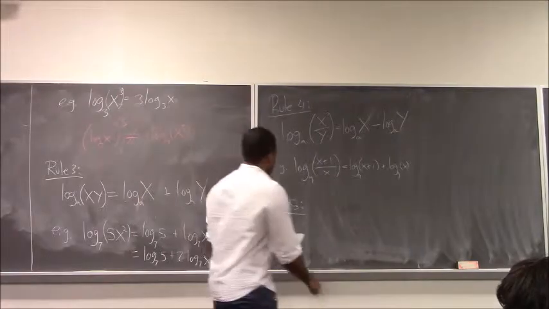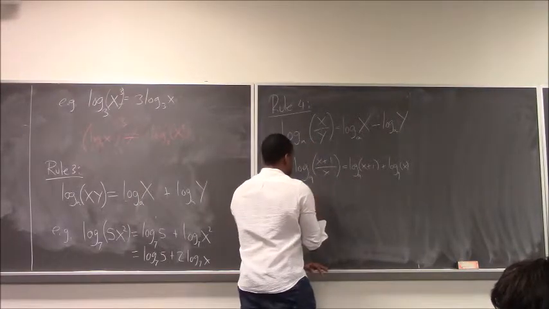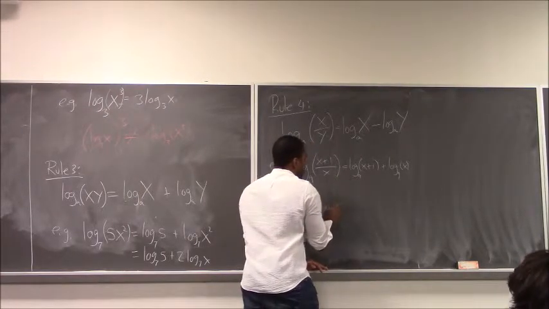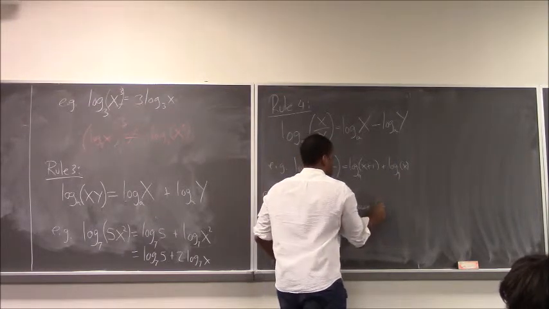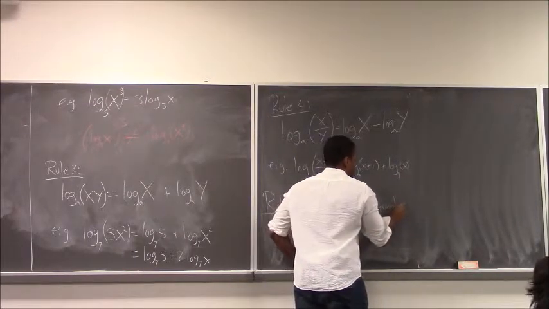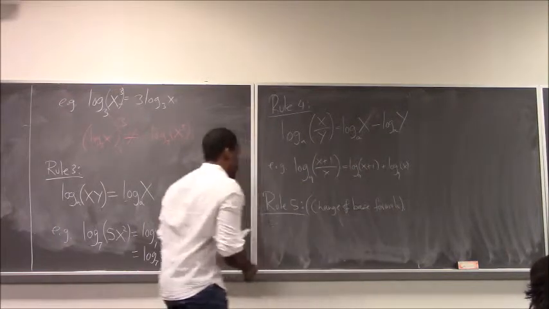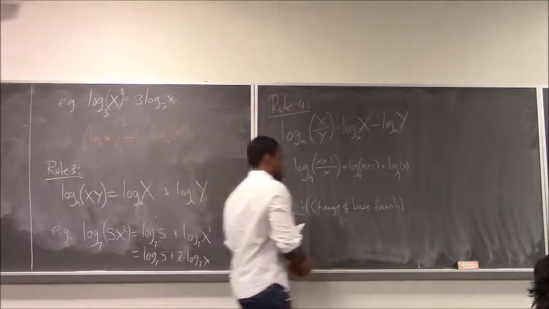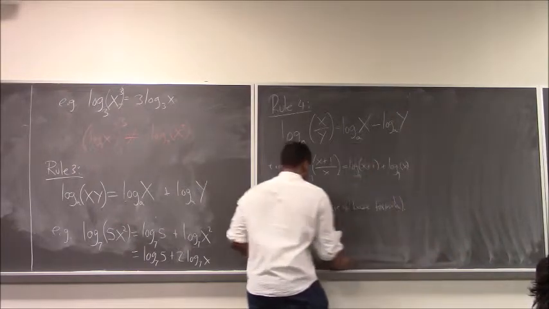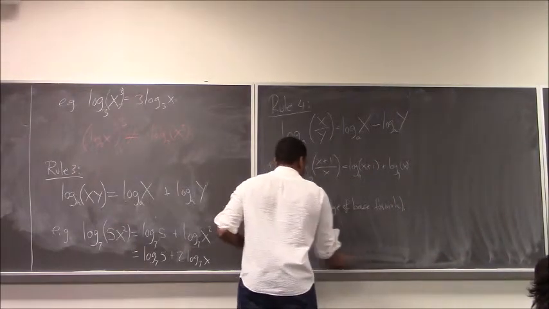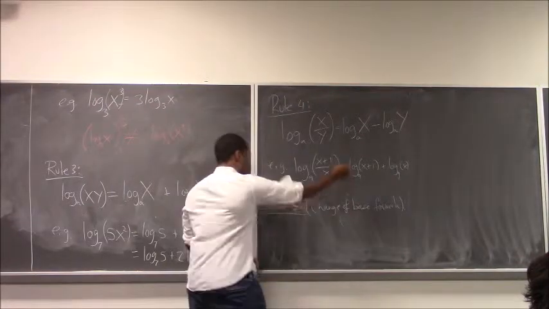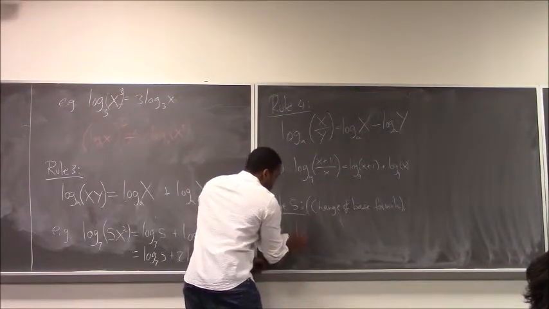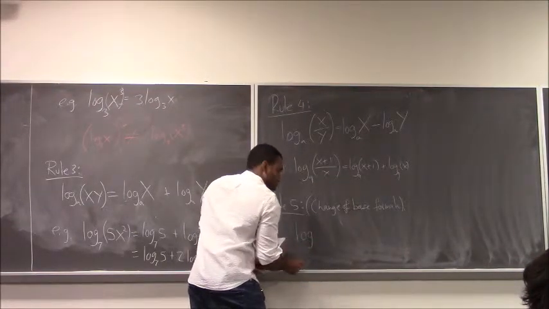Rule 5. This one is called the change of base formula. You probably won't use it often, but I'll use it to derive some rules later, so I'm going to tell you about it. You can change the base of a logarithm to be more convenient for you.